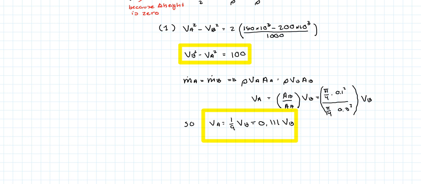If we substitute, we will get VB squared minus 0.111 VB squared is equal to 100, and that will give you a VB value of 10.06 meters per second.